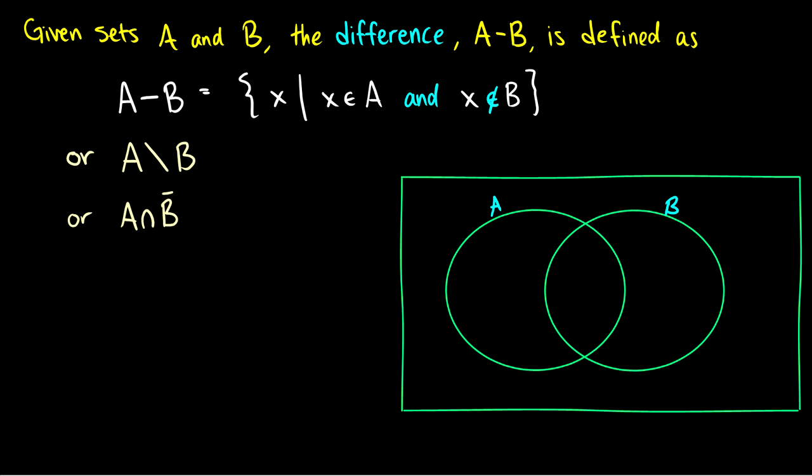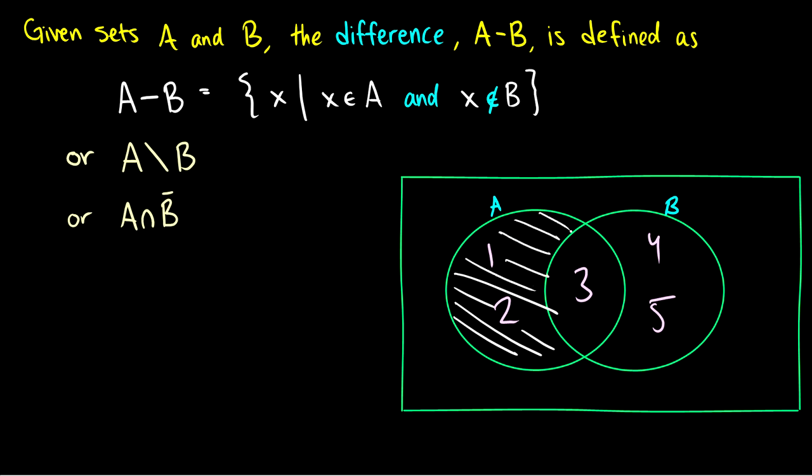So if I have 1, 2, and 3 in A, and 3, 4, and 5 in B, if I want A minus B, I want everything in A, but I don't want anything in B, so I remove all of B. In this case, even though 1, 2, 3 was in A, B contains 3, and we don't want 3 in there. So A minus B would just be the set containing 1 and 2.